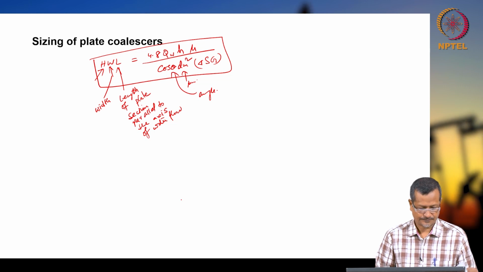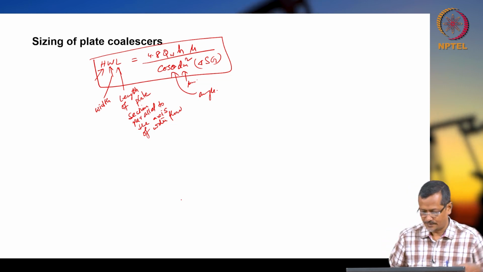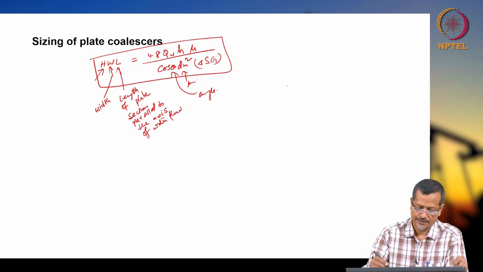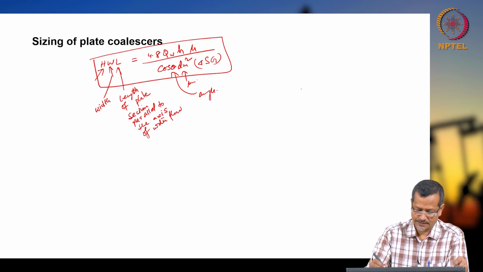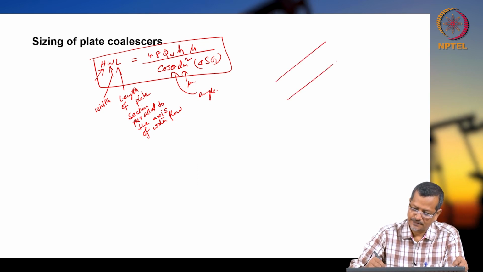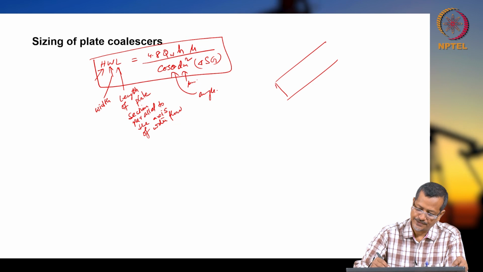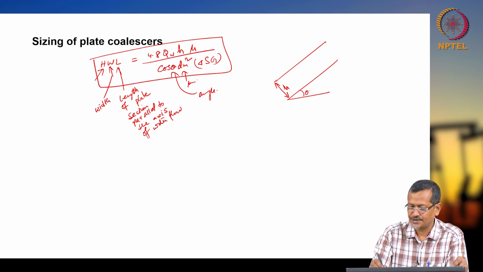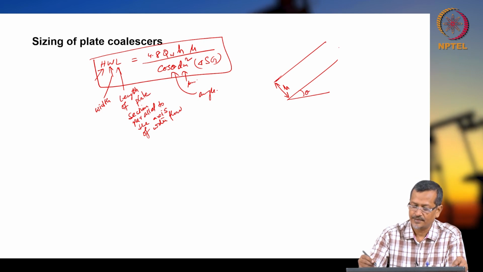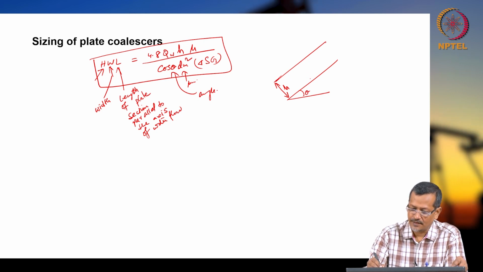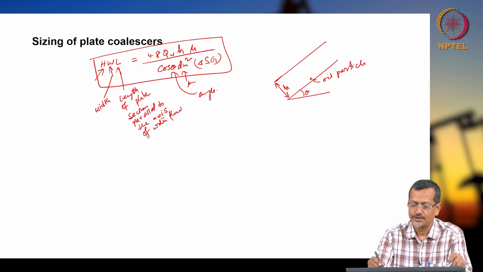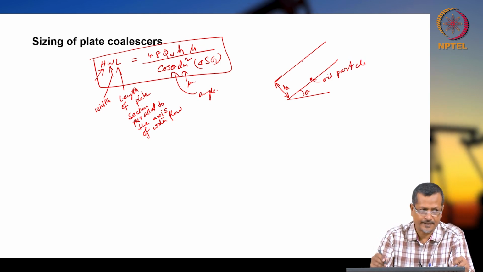Now we'll see how to formulate this one. First you have to draw this parallel plate. This distance is H, and this angle is theta. We have seen the parallel plate already. Let's say I have one oil particle here, and the oil particle is going vertically up.